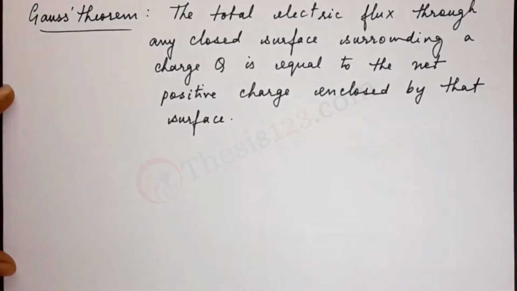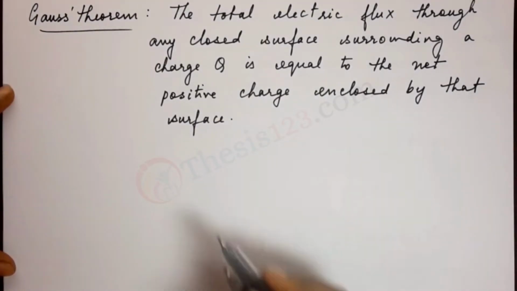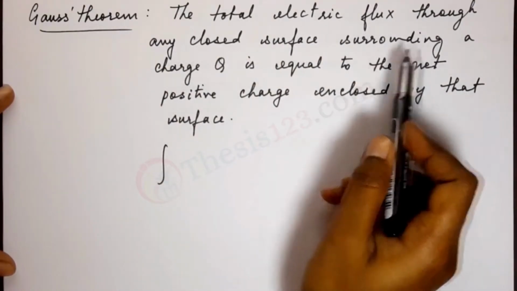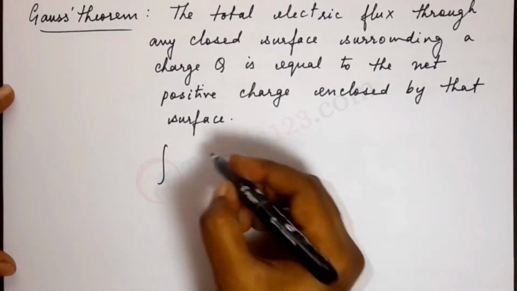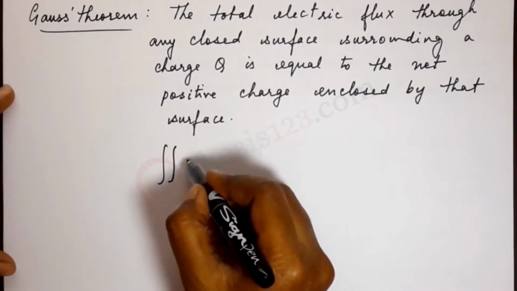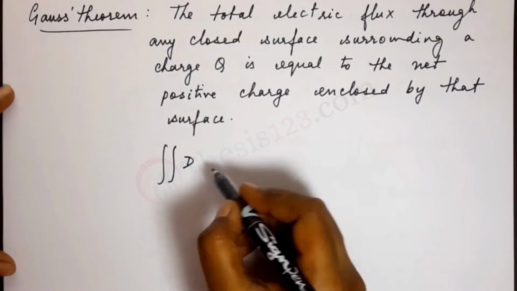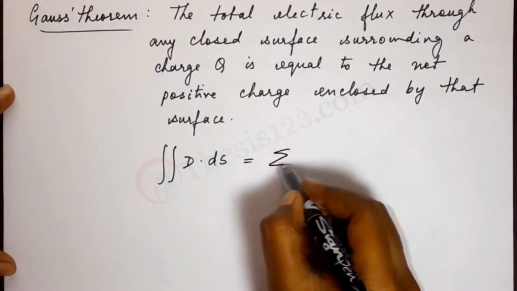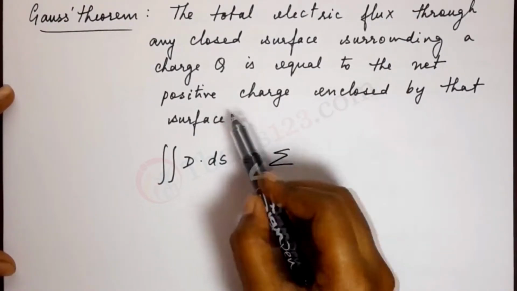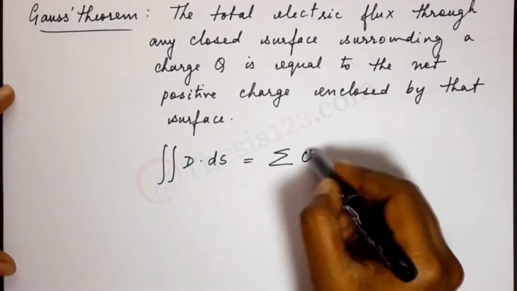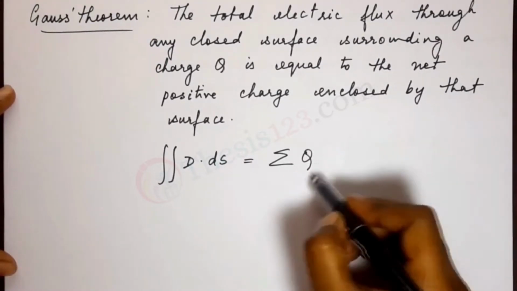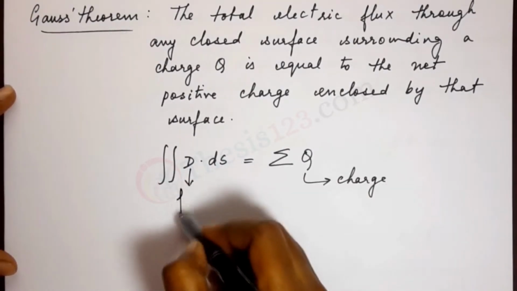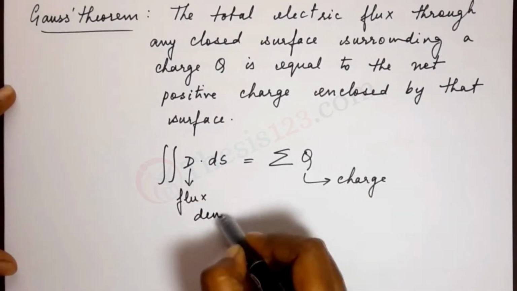Now, if we are to convert this statement into an equation, let's see now, the total electric flux through any closed surface surrounding a charge q. So this is a surface. So we have a surface, let's say the flux density here, D is the flux density, ds is equal to the net positive charge. So the summation of all the charges, q. Okay, so here q is the charge and here D is the flux density.